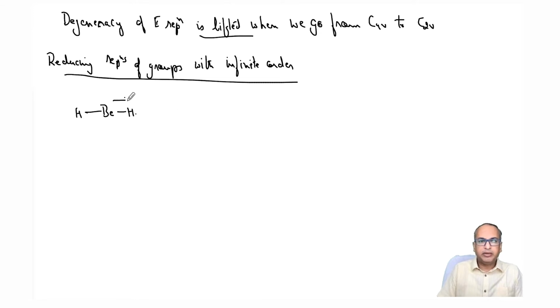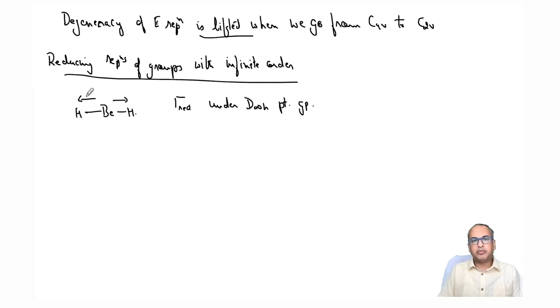And we had made these two arrows as two sigma bonds, and we made a tau reducible under D infinity h point group, right? So now the problem is, this was a 2 cross 2 representation, right? So we could easily inspect that this is sigma g plus sigma u plus, right? This was obtained by inspection.